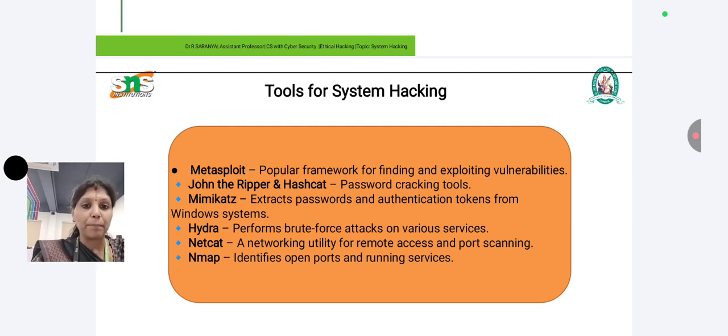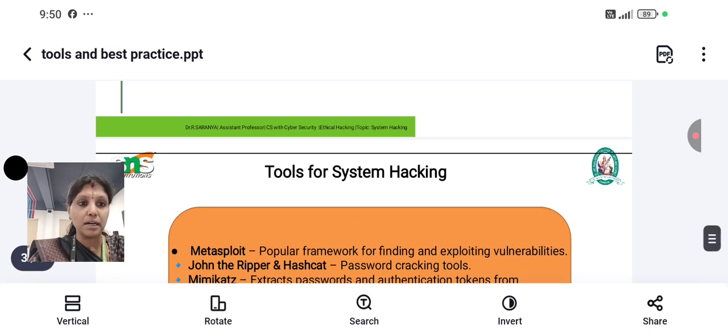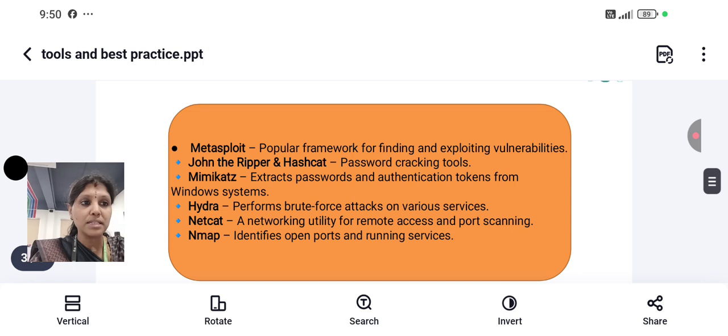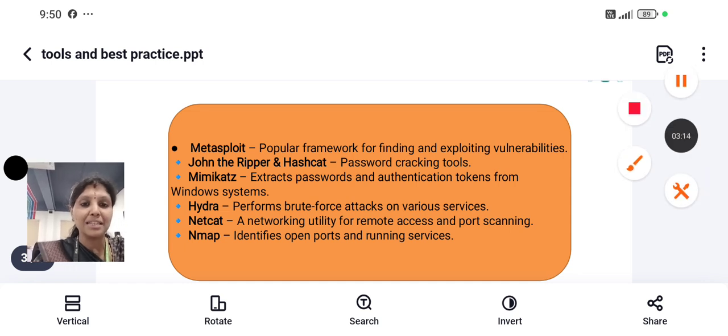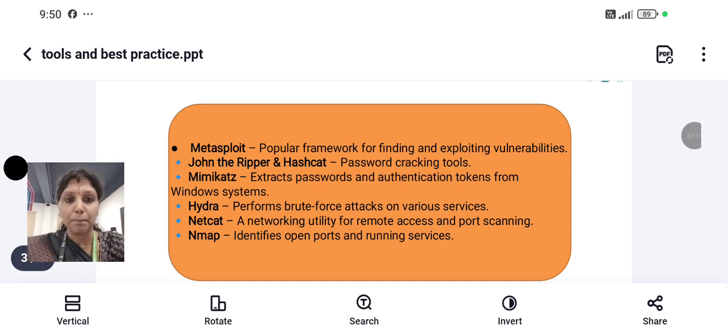And then Nmap, it's going to identify the open ports as well as running services. Those open ports and running services we can easily catch with the help of Nmap. So most attackers focus on John the Ripper as well as Hydra, brute force attacks and so on.